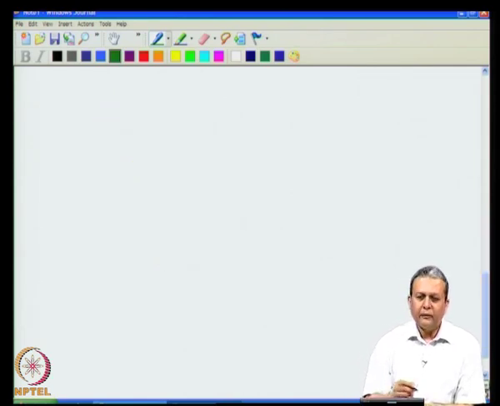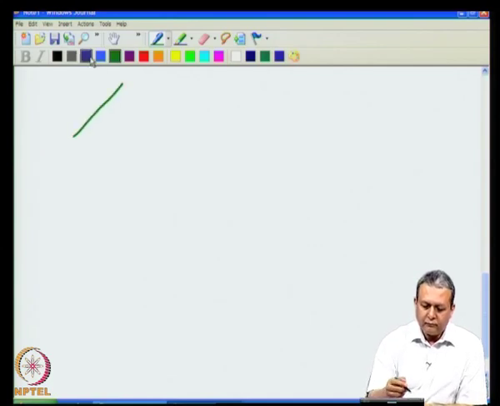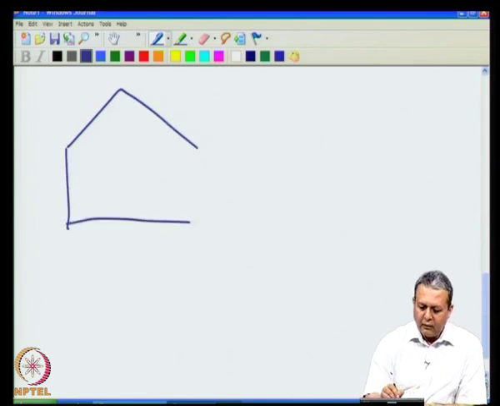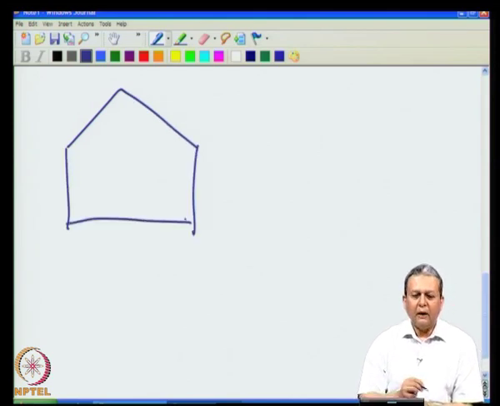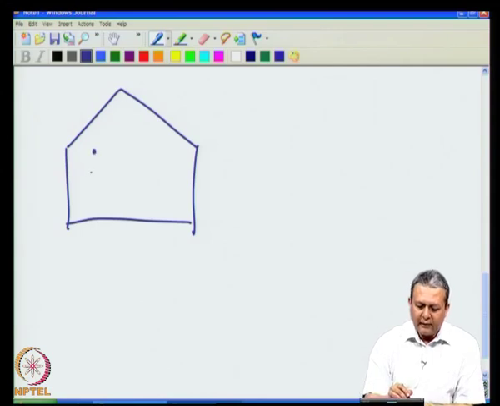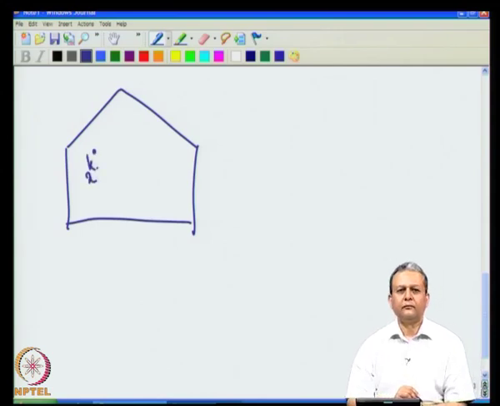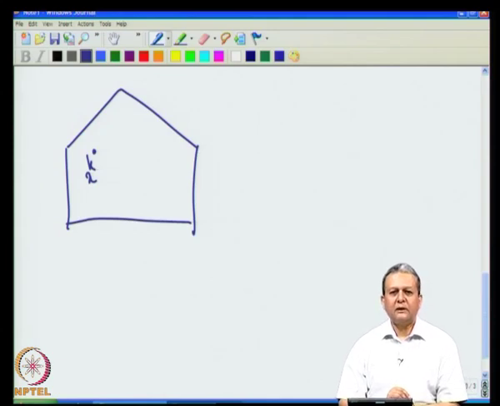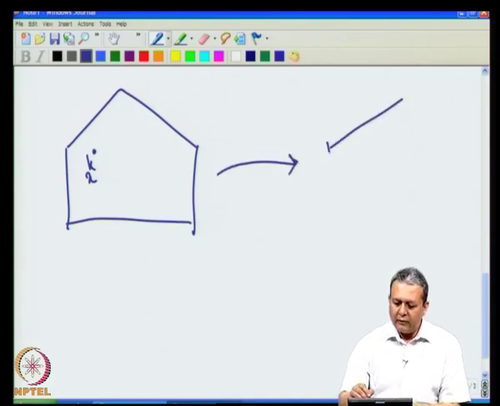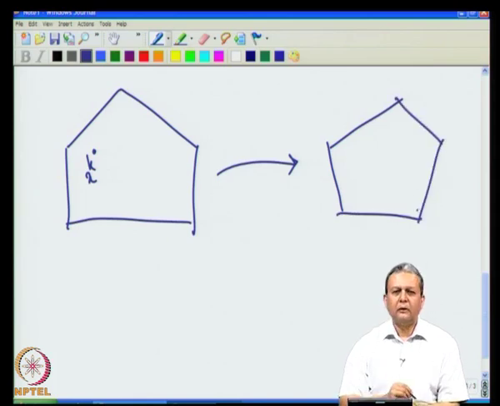So, Karmarkar suggested the following idea. Let us take a simple feasible region, and let us take any point and call it xk. Karmarkar suggested using a transformation to transform this feasible region into some other feasible region in a different space.